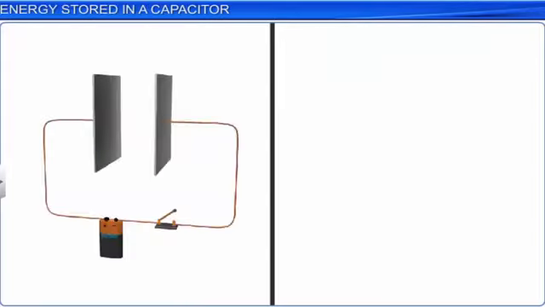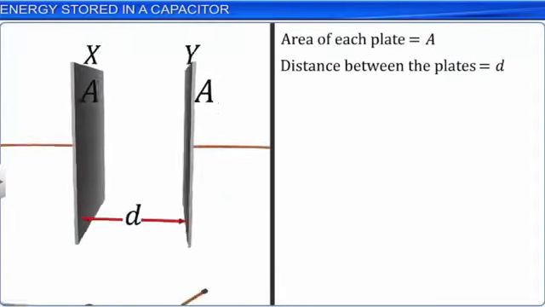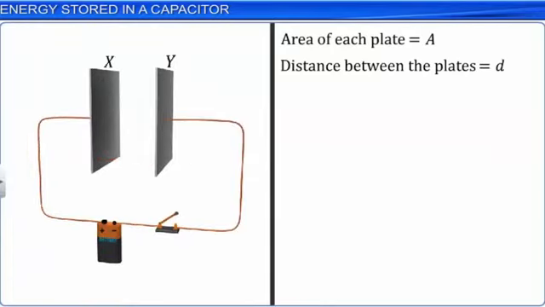Therefore, we see that by introducing a dielectric medium between the plates, the capacitance of the parallel plate capacitor increases. To obtain an expression for the energy stored in a capacitor, let us consider a parallel plate capacitor having metal plates X and Y, each of area A and separated by a distance D. When the plates X and Y of the capacitor are connected to a battery, one of the plates is given an excess charge plus Q and the other is given a charge minus Q. The plates X and Y are connected to the positive and the negative terminals of the battery, respectively.